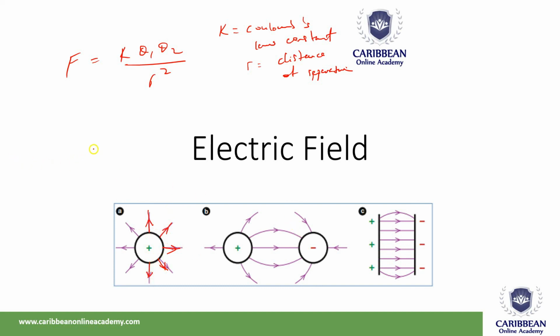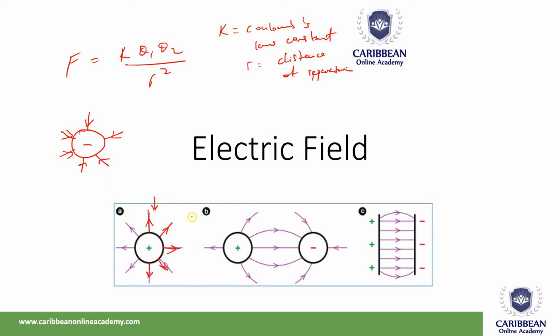When you have a negative charge, let's imagine that this is negative, the field lines move inwards. So that's typically how the field lines move around a negative charge and a positive charge.